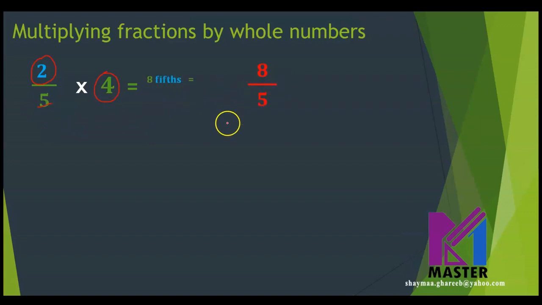And this is an improper fraction. I can leave it, or I can change it into a mixed number. 8 divided by 5 equals 1 remainder 3. So it could be written as 1 and 3 over 5.